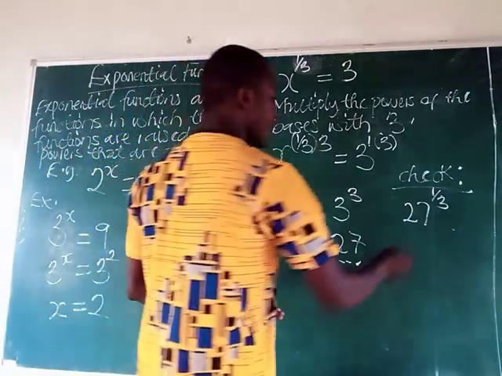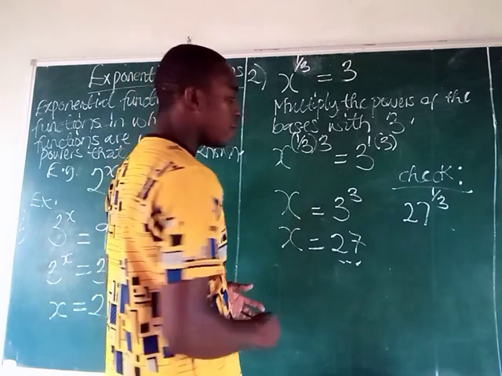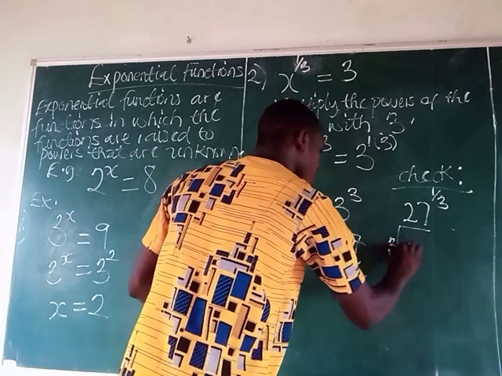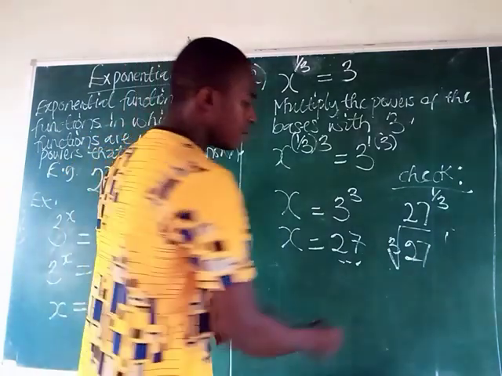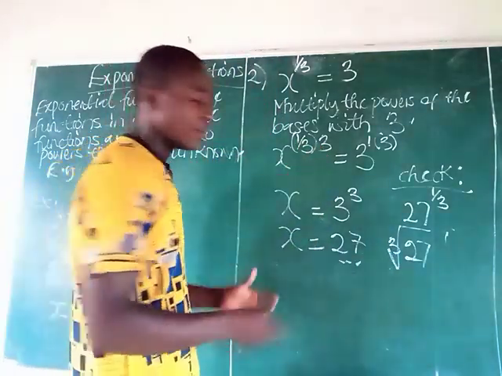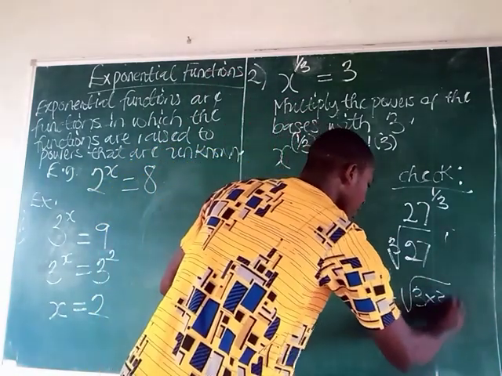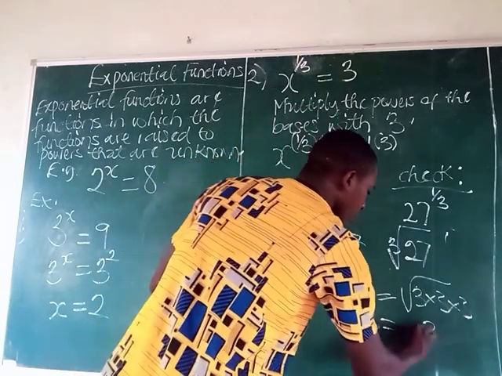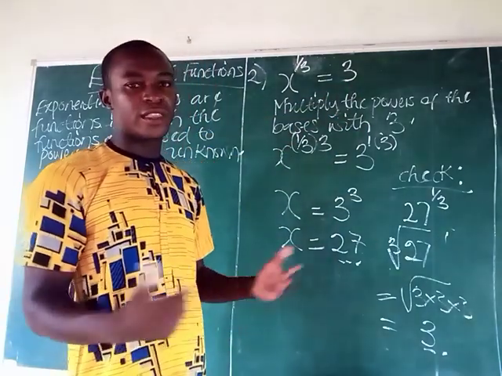We take the root of the denominator, which is 3, and raise it to the power of the numerator. That means we take the cube root of 27, all raised to the power of 1. What number multiplies itself 3 times to give us 27? We know that 3 times 3 times 3 gives us 27, so the cube root of 27 is 3. And that is why we have our answer to be 3.